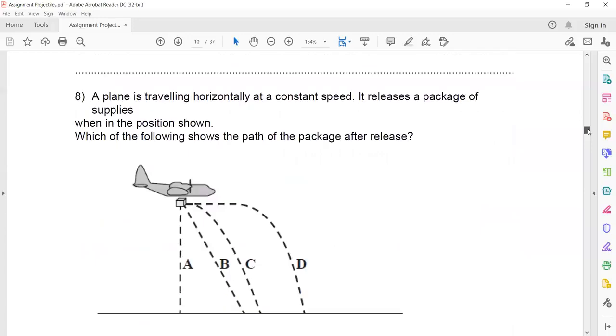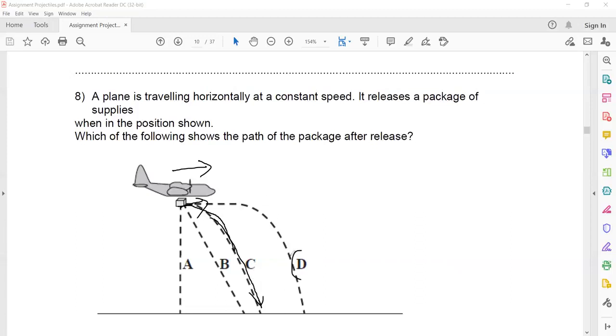Then question 8: a plane is traveling horizontally at a constant speed. It releases the package. So what will happen when it releases? It cannot be A, because there is a horizontal component for the plane, so there should be a horizontal component for the package as well. So it will move horizontally, and then it will have both horizontal and vertical components.